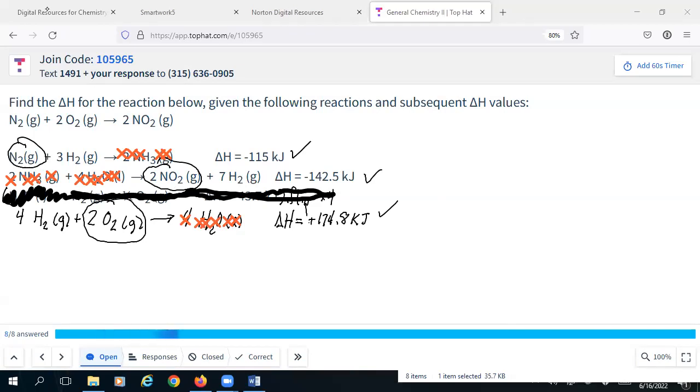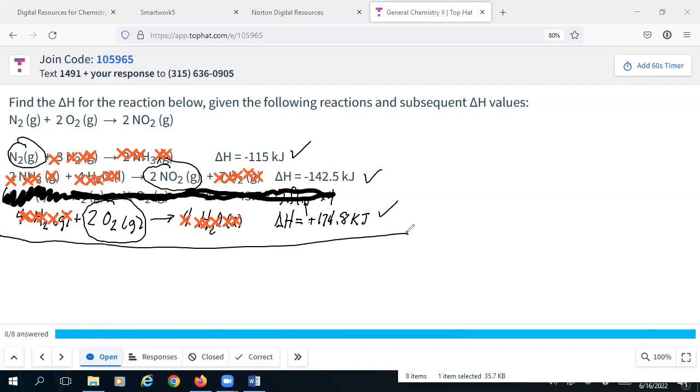So they're going to cancel out. And I've got 7 hydrogens in the products here. And I've got 3 in equation 1 and 4 in equation 3. So 7 total to match the 7 here. So those cancel out as well.